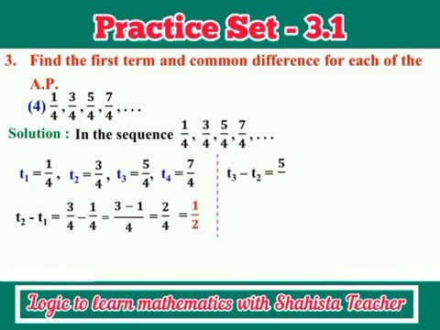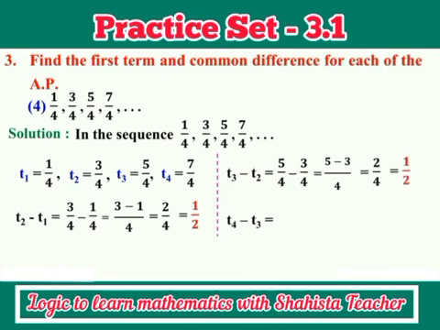T3 minus T2. So 5 upon 4 minus 3 upon 4. Again 5 minus 3 is 2 and the denominator is as it is, 4. So 2 upon 4. 2 ones are 2, 2 twos are 4. 1 upon 2 we get here.